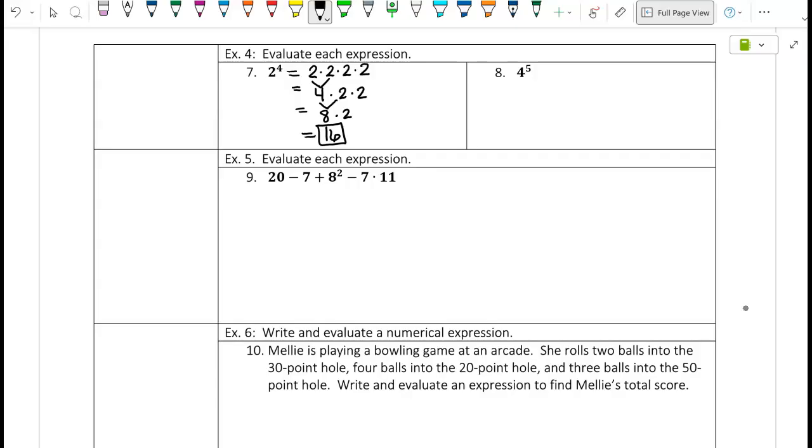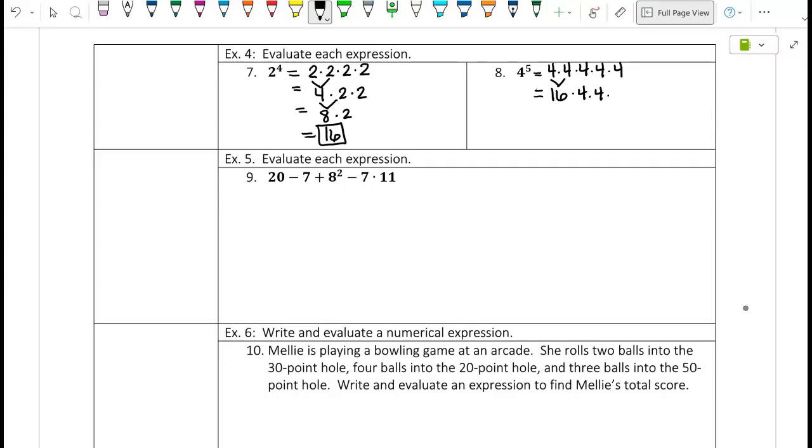Number 8, 4 to the 5th power, which means we're going to take 4 times 4 times 4 times 4 times 4. So I should have 5 4s listed out there if I've done it correctly. So I take the first 4 times 4, which is 16.